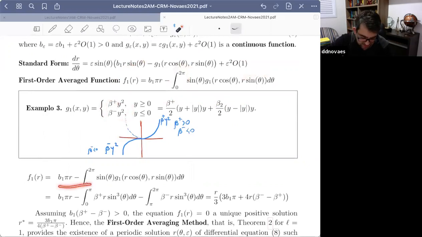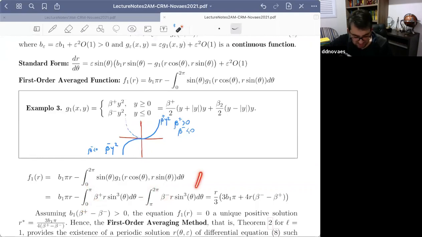So this integral is equal to b1 pr minus the integral between 0 and pi of beta plus r sin of theta to the power 3, minus now the integral between pi and 2 pi of the same function, but now with beta minus.